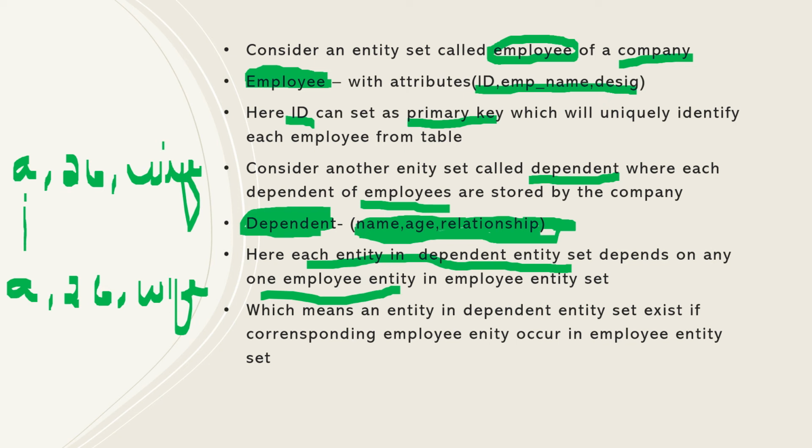I think you understood the meaning of weak entity set and strong entity set. What is the difference? A weak entity set is an entity set which does not contain any primary key, but a strong entity set is an entity set which contains a primary key.